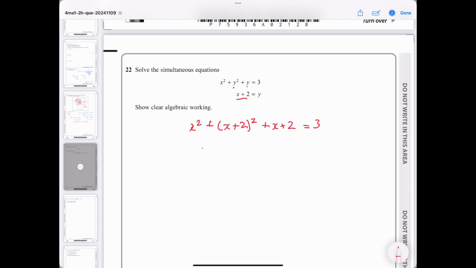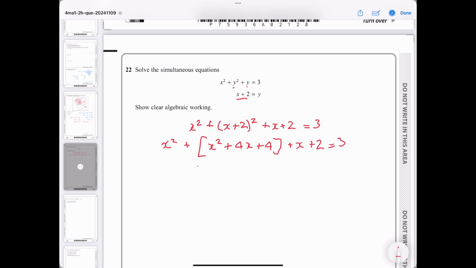So this bit here is going to be x squared plus x squared plus 2x plus 2x, which is 4x, plus 4, plus x plus 2 equals 3.